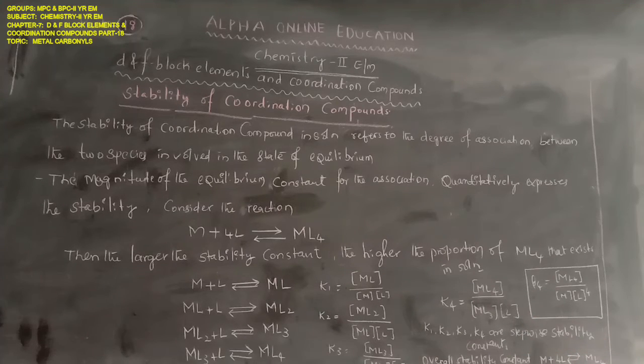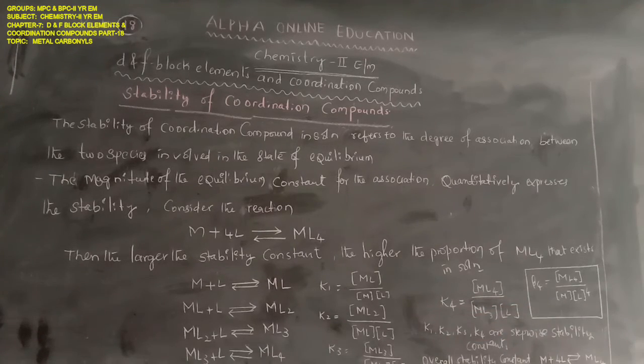How many steps are involved in this complex formation? 4 steps are there. So beta 4 equals ML4 by the metal concentration into the ligand concentration. Here 4 moles of ligand are taken, so this is the power: the concentration of ligand to the power of 4, because 4 represents the number of moles. This is about the overall stability constant.